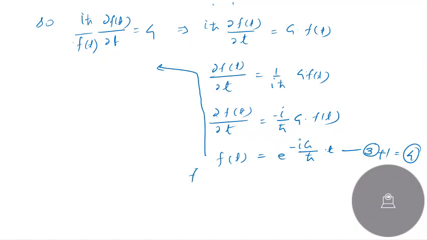We can solve here also. What is the formula of e to the minus ix? It is equal to cos x minus i sin x. So this will be the x, so cos g upon h cut into t minus i sin g t upon h cut.